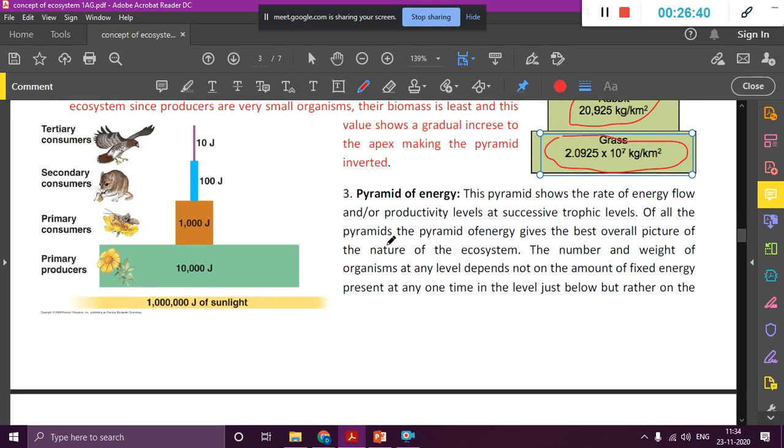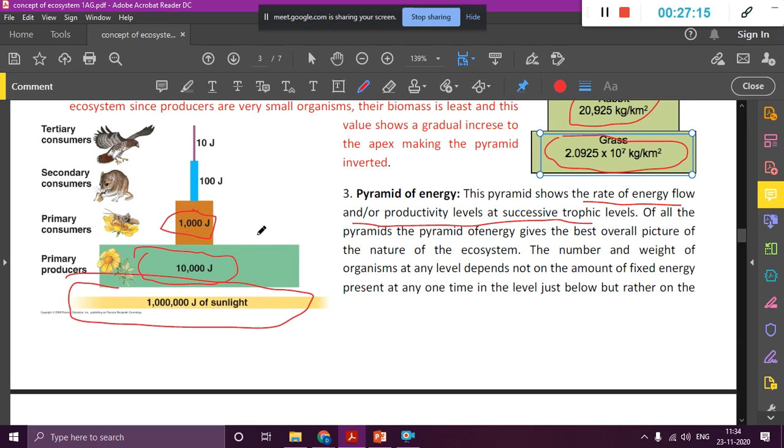Next comes the pyramid of energy. This shows the rate of energy flow or productivity at successive trophic levels. Primary producers, the grass, capture from a maximum of 100,000 joules of sunlight about 10,000 joules of energy. The primary consumer captures only 1,000 joules.